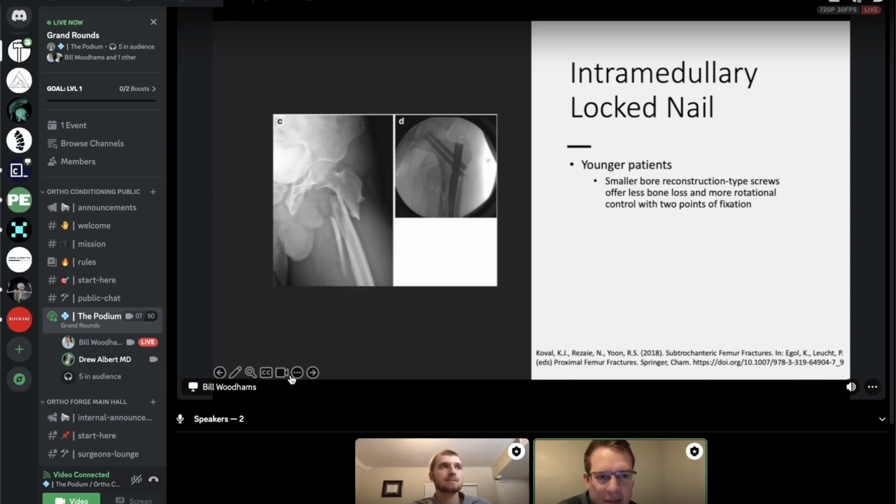I think a lot of surgeons, even in younger people, would still do a cephalomedullary nail, where they have that one screw, whether it's a helical blade or a screw that goes into the femoral head. Pretty common to use that still, but recon nails have, I think, a good track record and the benefits that we just discussed.